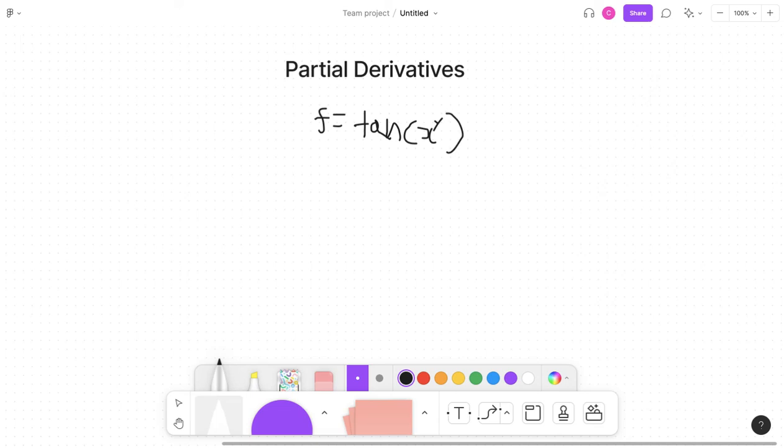So, sorry guys. Okay, so take the partial derivative with respect to x first, so that would be secant squared of x to the y times y x to the y minus 1 based on the power rule.